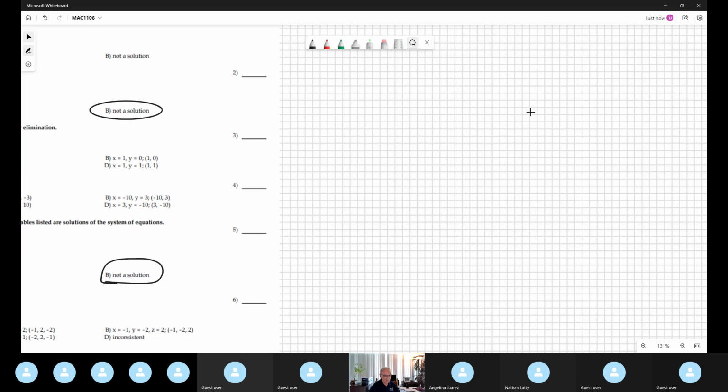Okay, let me try number 6. Number 6 is easy because this system is a little bit weird. This system is in echelon form. How do you know that? Look, because the first equation contains x, y, and z.